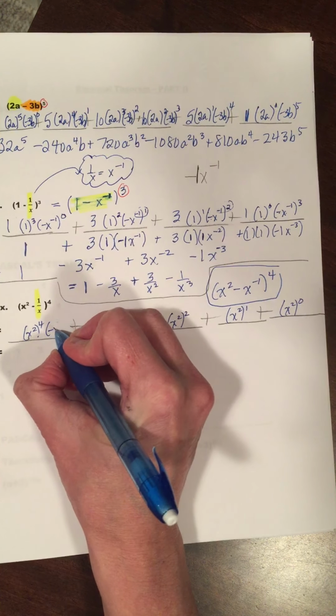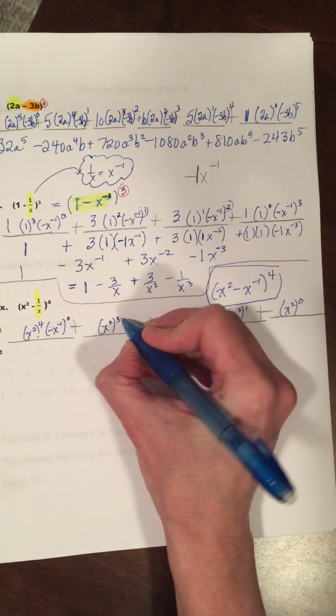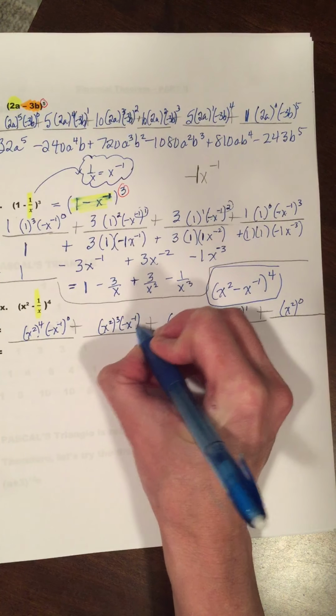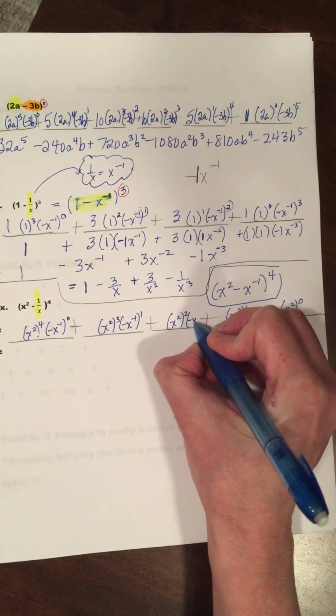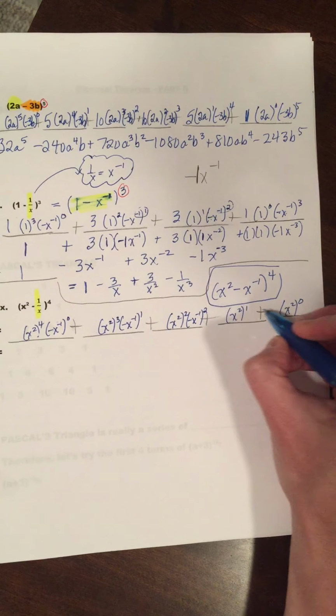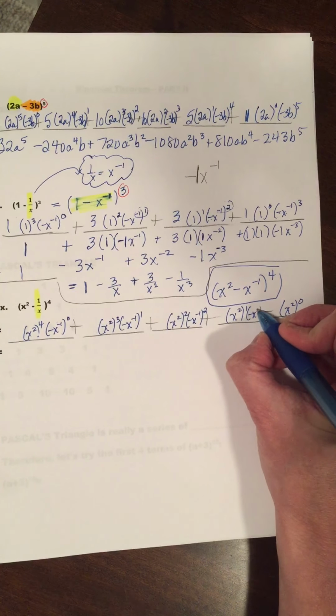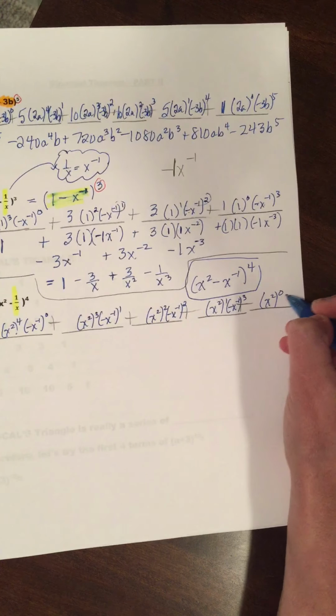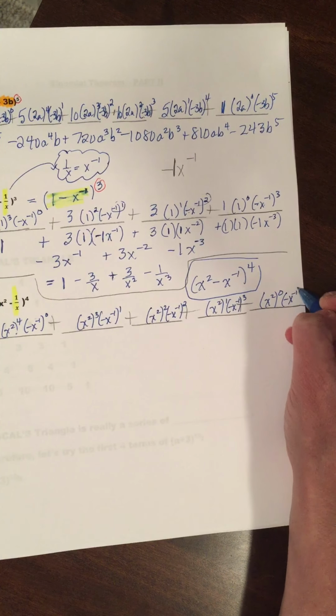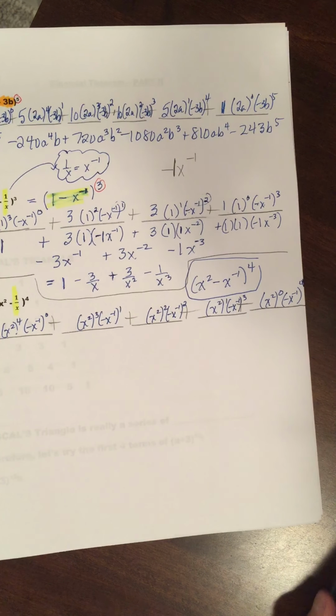Second term is negative x to the negative 1 to the 0, negative x to the negative 1 to the 1, negative x to the negative 1 to the 2, negative x to the negative 1 to the 3, negative x to the negative 1 to the 4. Lead coefficient.